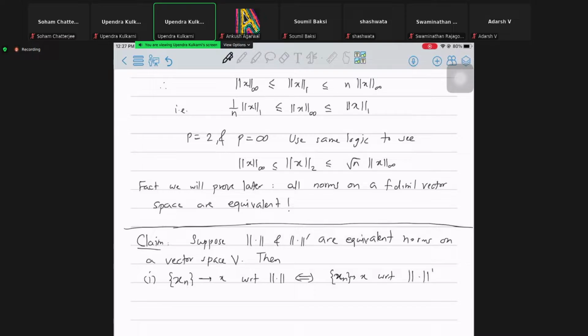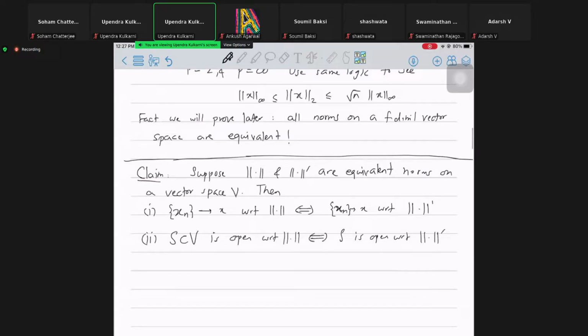And a set is open with respect to this norm if and only if it is open with respect to the other norm. Okay, so the proof of this. And you see, for open sets we really just imitate what we did earlier in the picture.